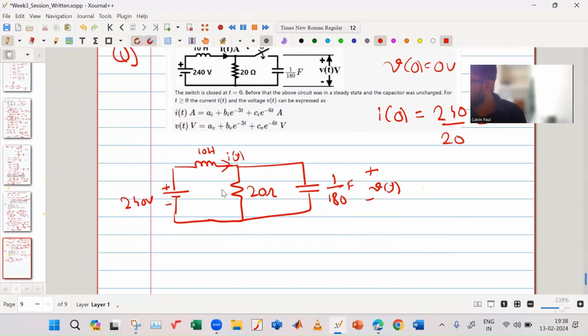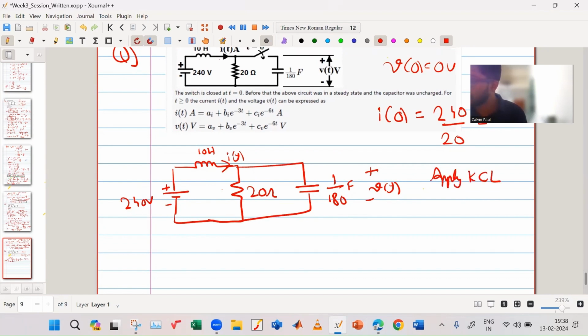So first let us apply KCL. When you apply KCL, you will apply at this node. And what is the voltage at that node? That is V of t, the voltage at that node.